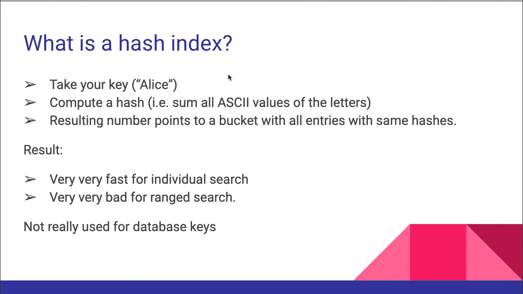What makes this super fast is that the function of adding up all their letters is really, really fast. So if I'm looking for a name Jose, and I want to find what bucket all the data about Jose is in, all I have to do is add up the letters in his name, and it gives me a hash of 528, and then I only have 5 or 6 other items in that bucket to look through.